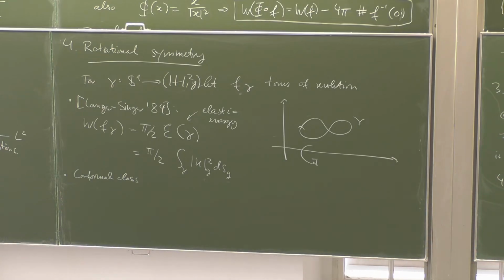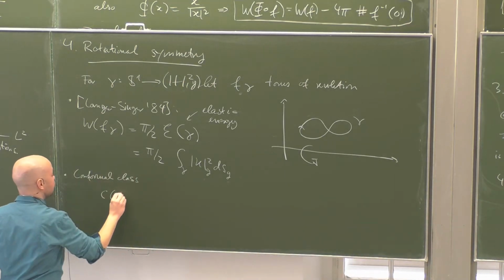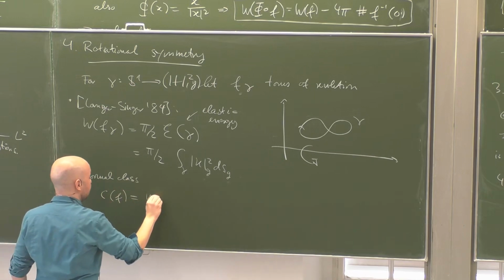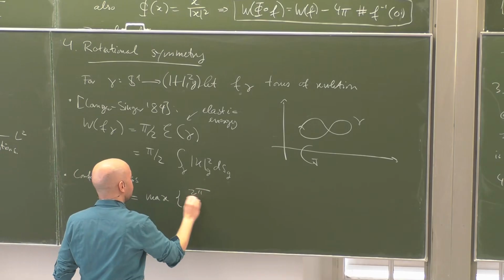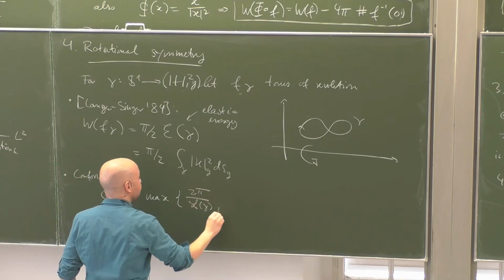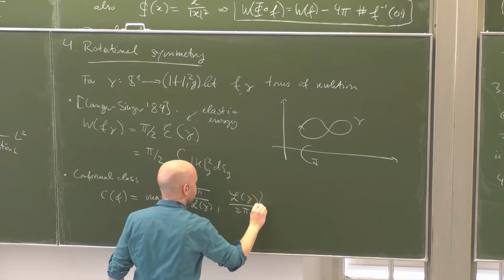So in particular, it will only move here along the imaginary axis. And we can actually compute the real number, which represents the conformal class now. This is the maximum of 2 pi divided by the length, and the length divided by 2 pi.